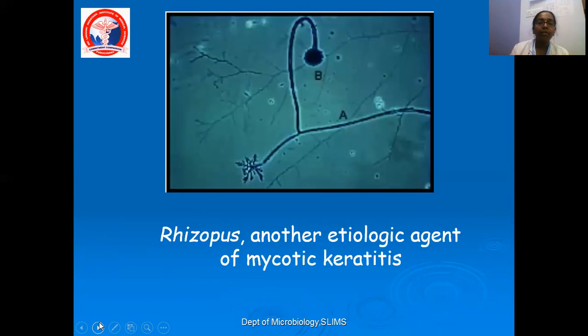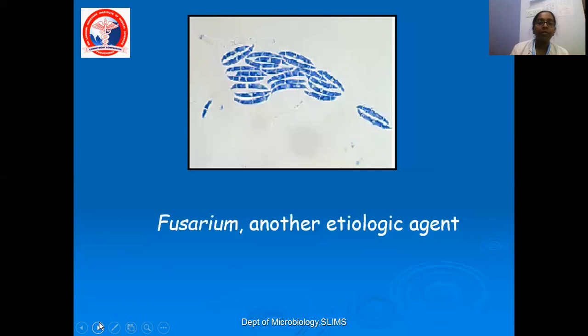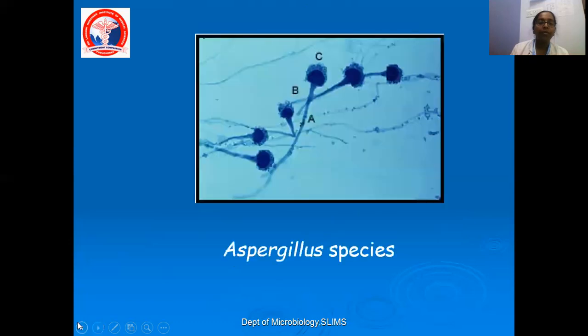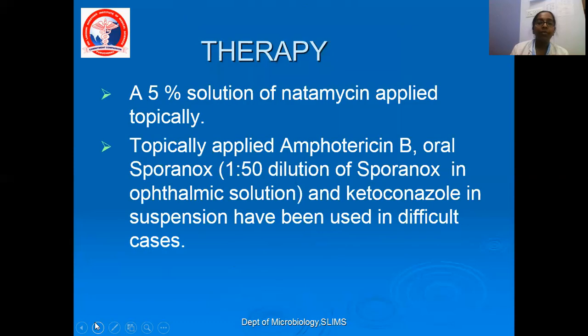This is Penicillium, Rhizopus, Fusarium. This is Aspergillus species. You can give 5% topical natamycin for these conditions.